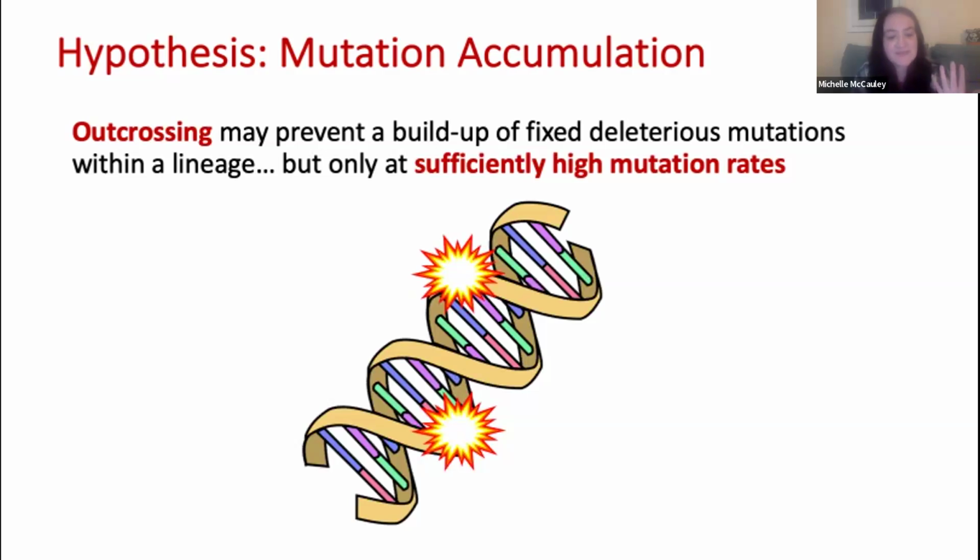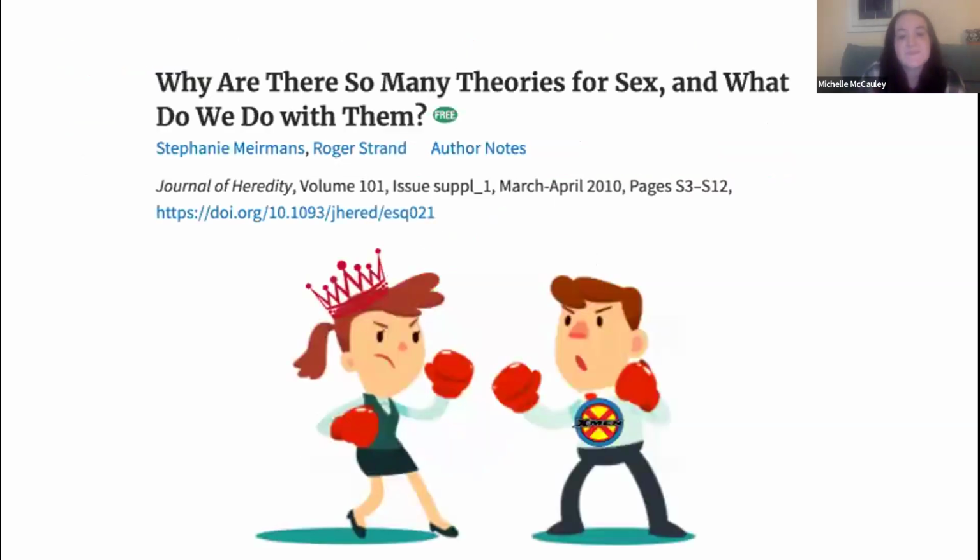And this is a problem in the field because we have all of these different hypotheses for sex, but no singular hypothesis can completely explain the prevalence of sex in nature. So every few years, somebody puts out a review that basically says, hey, we have all of these theories for sex. What are we going to do about this?